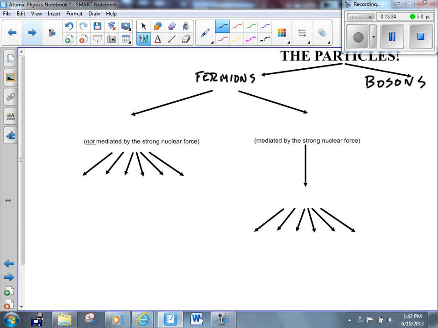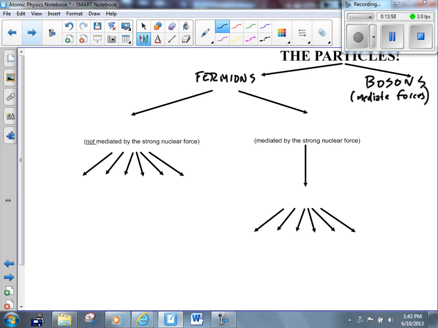The bosons are particles that mediate forces. In other words, that cause forces. What causes an electric force? What causes a magnetic force? Well, say, okay, two magnets cause a magnetic force. Yeah, but why? They're not touching each other. What causes this magnet to be attracted to this magnet? Bosons.